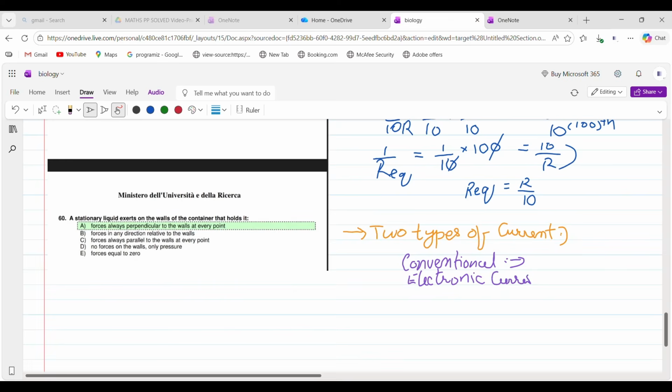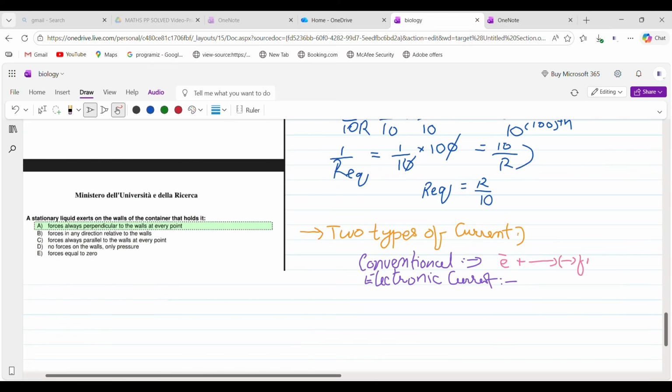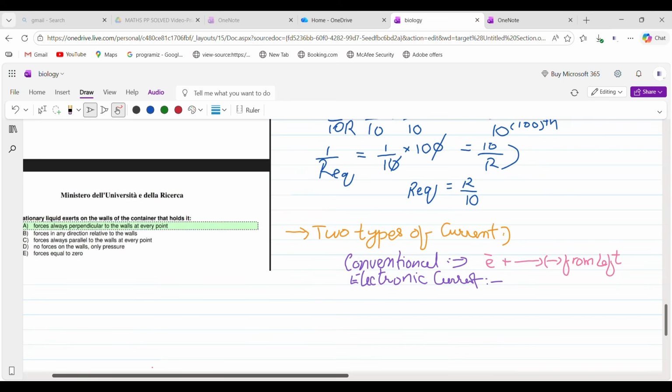Conventional current is the movement from positive to negative, which means from left to right. And electronic current is the movement of the electron from negative to positive, which means in the opposite direction.